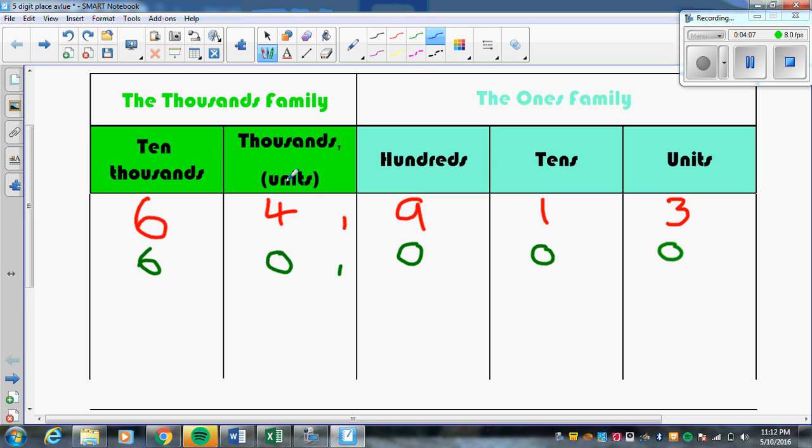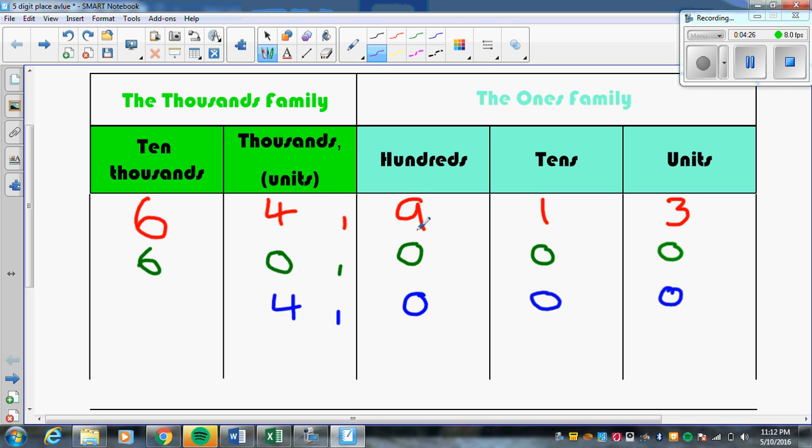If I then go down into the thousands column, we've got 4 thousands, I'll put my 4 there, put my comma, and fill out the rest with zeros. Okay, so now I've got 4 lots of 1,000, and that says 4,000.